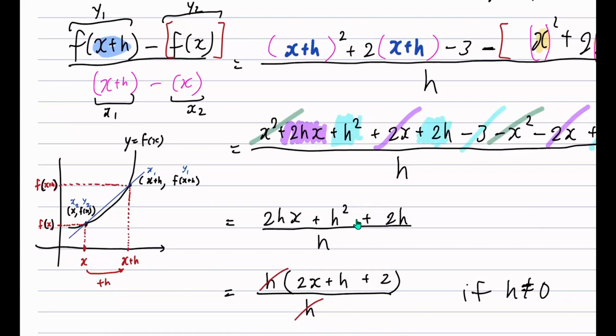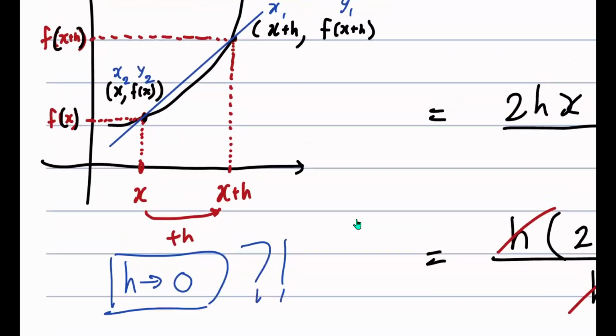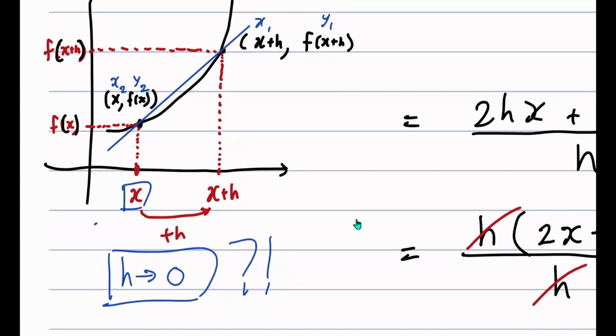This fella here is m, which is the gradient of secant line. So now question. What happens if I let h go towards 0? What happens if I fix the x? Fix it. Don't let it move, but the h goes towards 0.